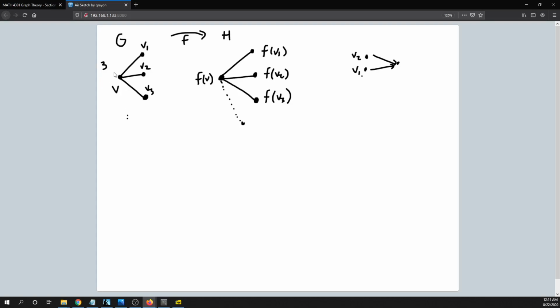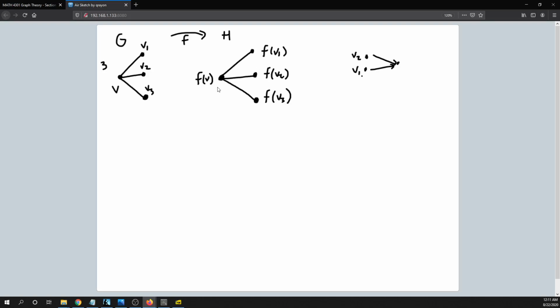So that situation can't happen. That means there has to be exactly 3 vertices in H that are adjacent to F of V.